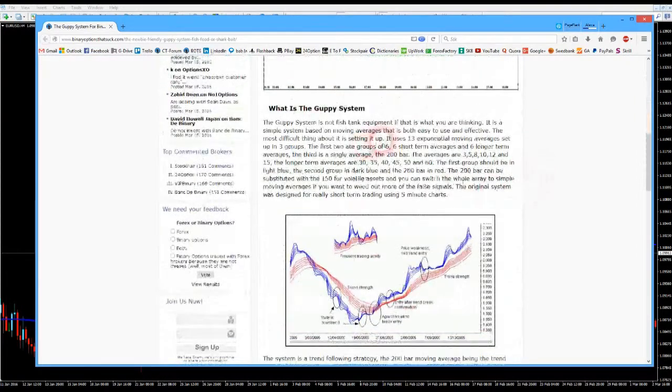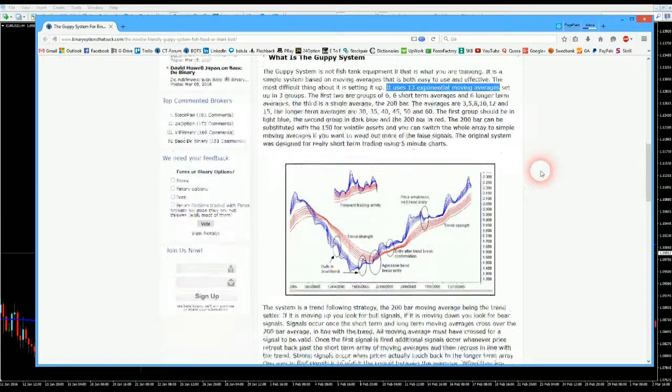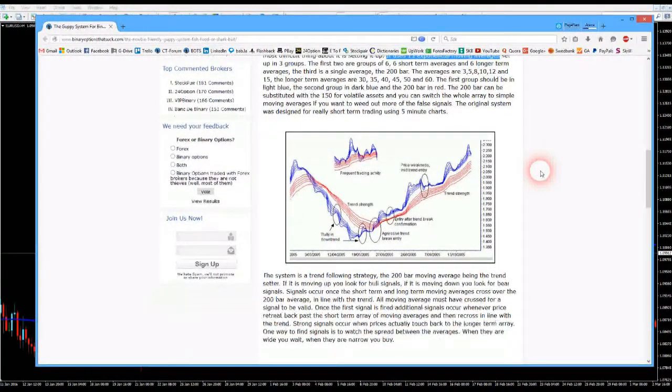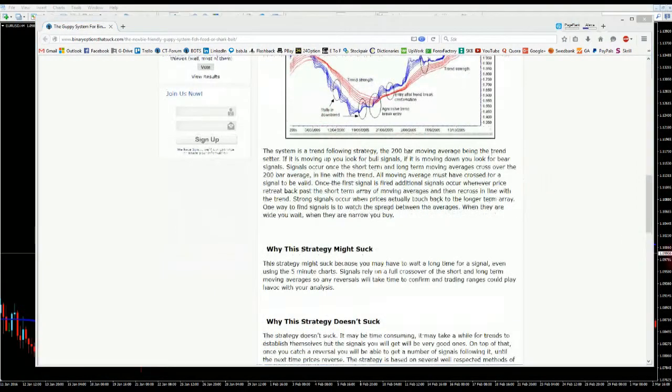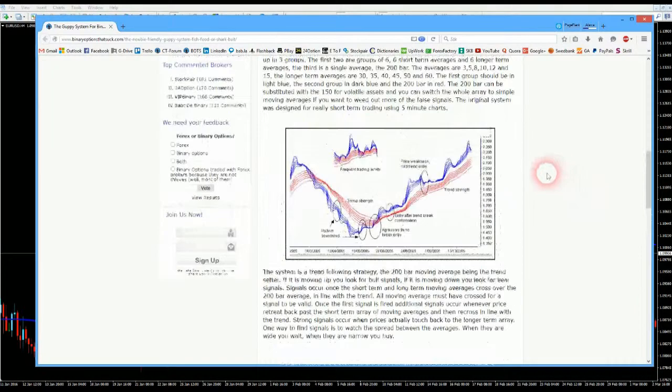As you can see, it uses 13 exponential moving averages, and that's all there is to it, but you can add your own favorite indicator to it to make more confirmations, because the 13 moving averages don't count as 13 indicators because they are all moving averages.